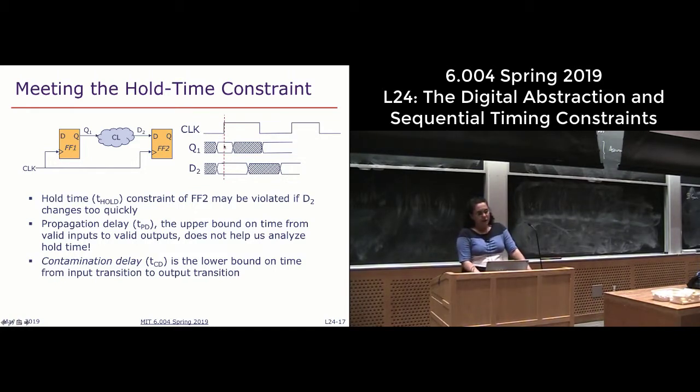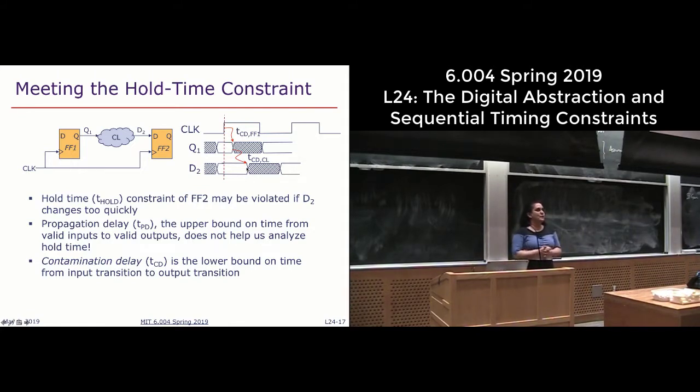Okay? So if I look at my timing graphs, what does that correspond to? Well, I know that the fastest that Q1 is going to begin to change or to become an invalid value corresponds to TCD of my first register. Okay, and then after that, I have another TCD of my combinational logic before D could possibly become an invalid value.